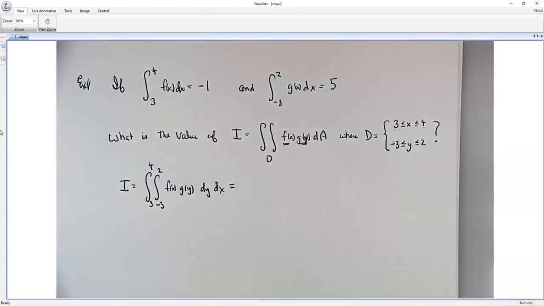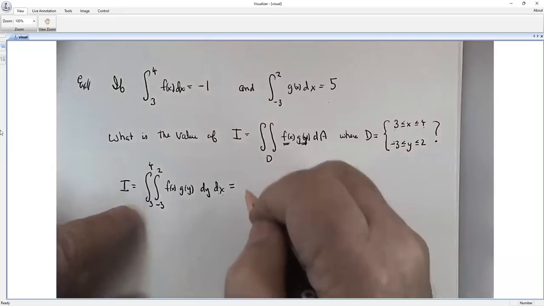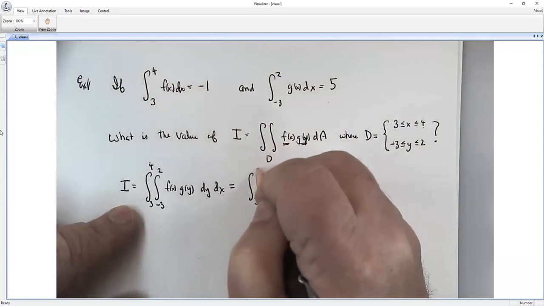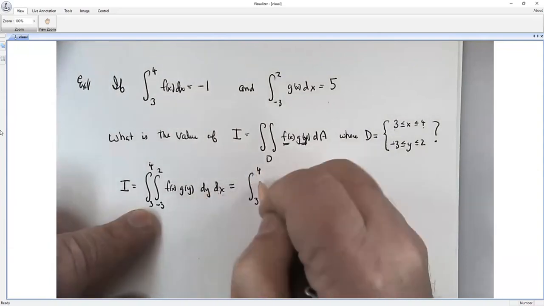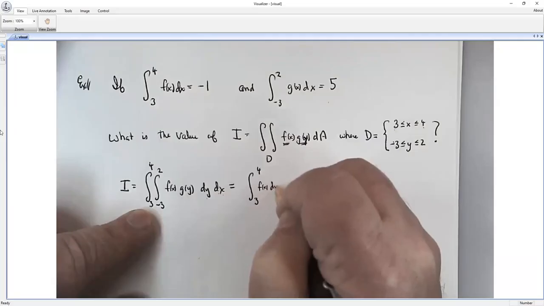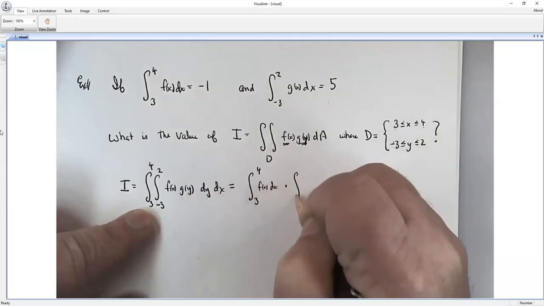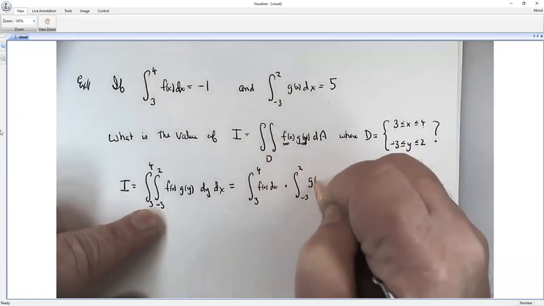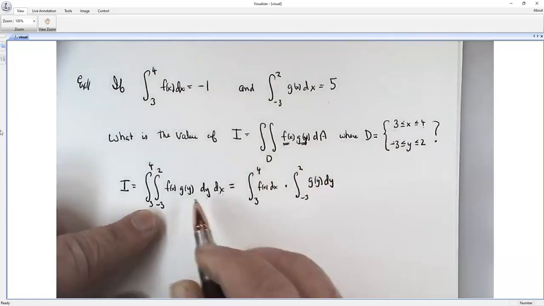Okay, but because my function is a product, a function in terms of x times a function in terms of y, and it's a product that I can separate according to our theorem, this is equal to the integral from 3 to 4 of f of x dx times the integral from -3 to 2 of g of y dy.